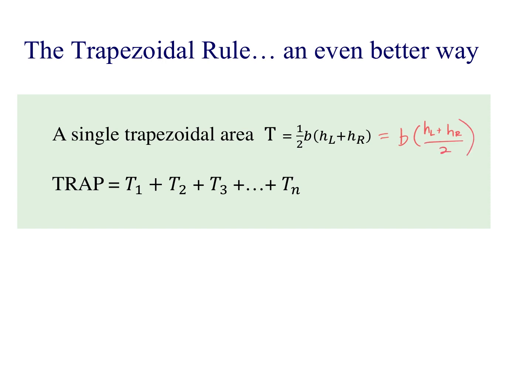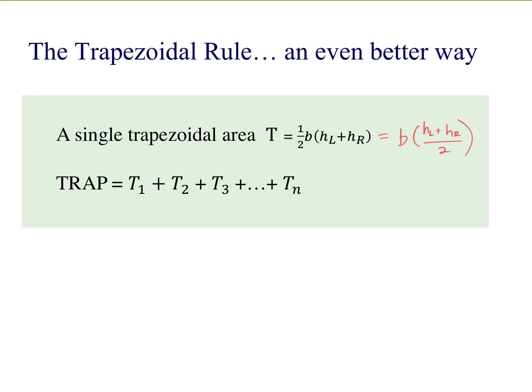Whether you do divided by 2 on the inside or multiplied by 1/2 on the outside, they're the exact same. Okay, it's totally up to you. And so what we would do then is instead of finding R1 plus R2 plus R3, etc., or M1 for the midpoint plus M2 plus M3, we're now just finding T1 plus T2 plus T3. We're finding all the trapezoids individually. Any questions on the method?